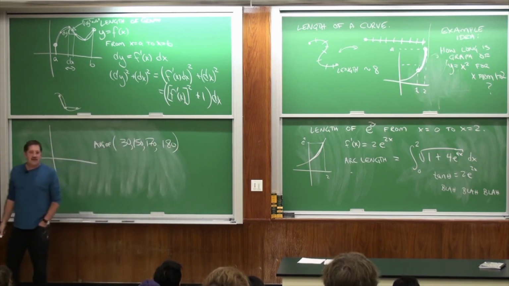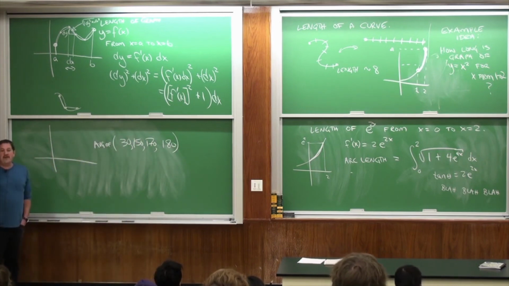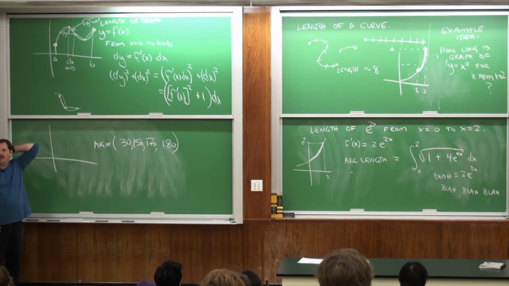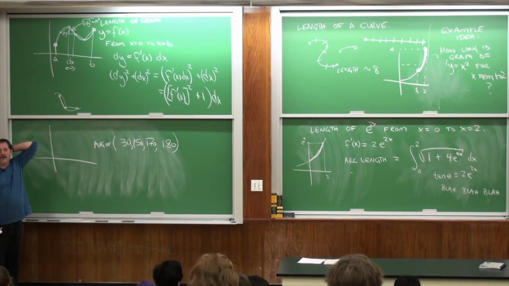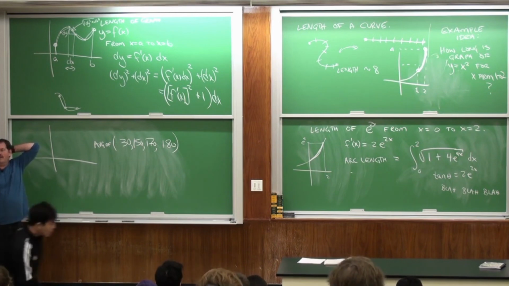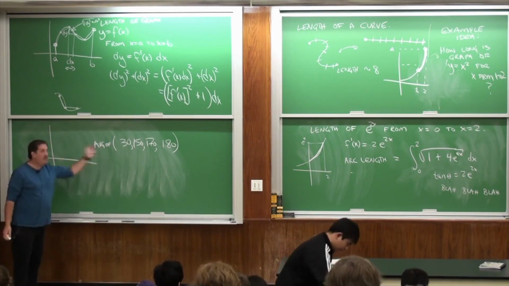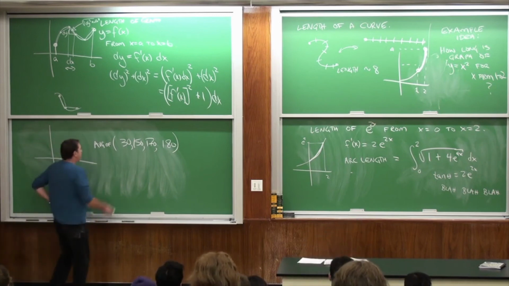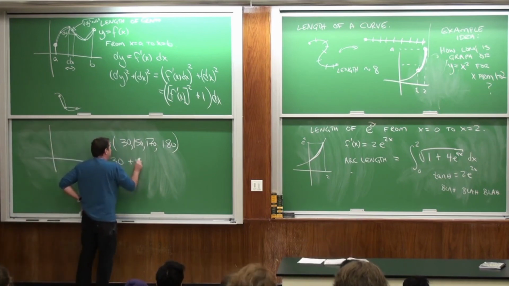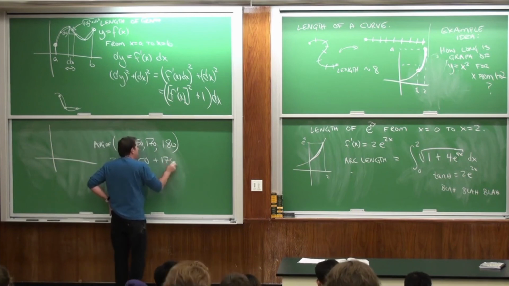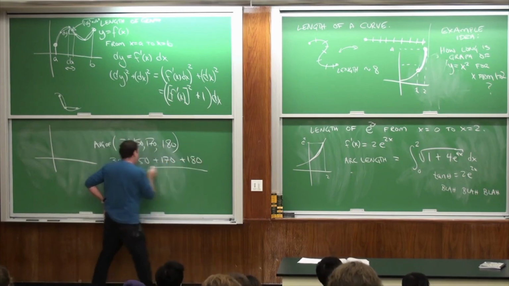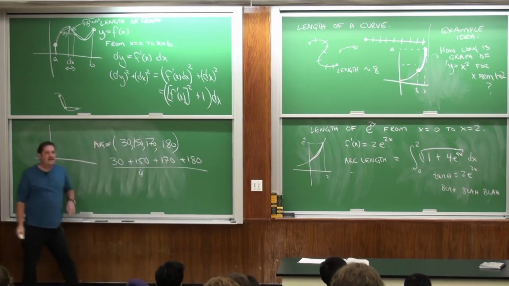There. These are 4 people's grades on the midterm. What is their average? I add them all up and I divide by however many I have. So this is 30 plus 150 plus 170 plus 180 over 4.